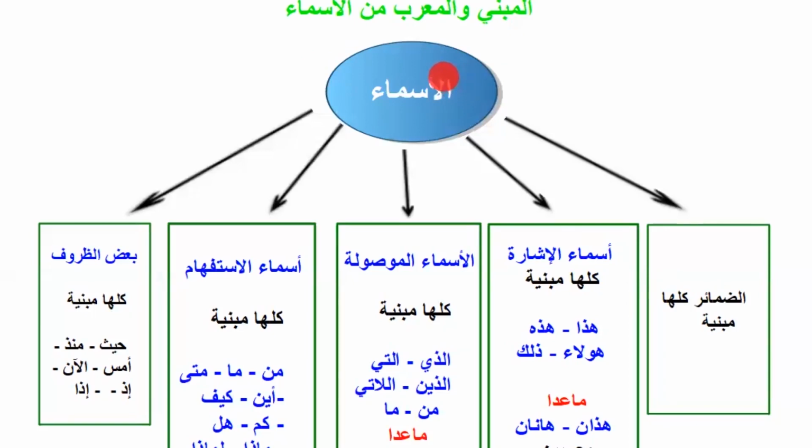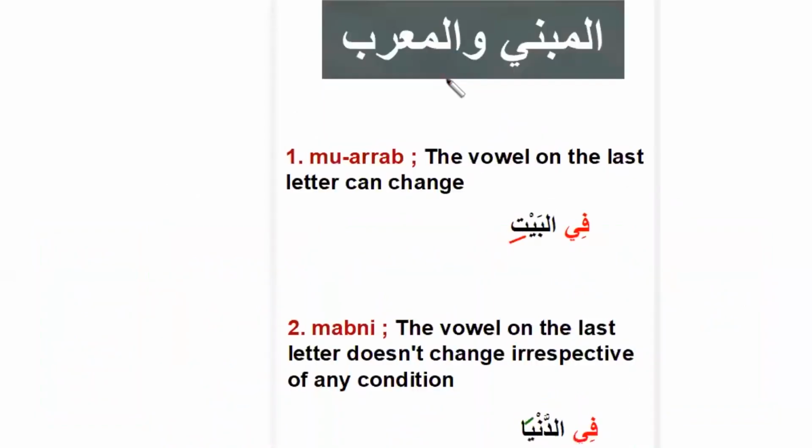For example, let's see here. Let me just go back. This one, the fi itself, you know, is a harf jar, so it is a harf. It is not a noun, and it's not a verb, but it is what? A harf. So the fi itself is mabni. You never say fi, or you say fia. You can't put fatha or damma or kasra on the last letter. How it is spelled, it is going to always be like that.